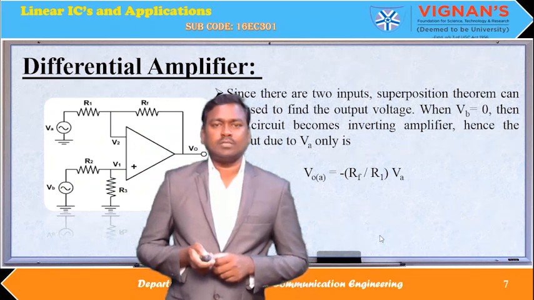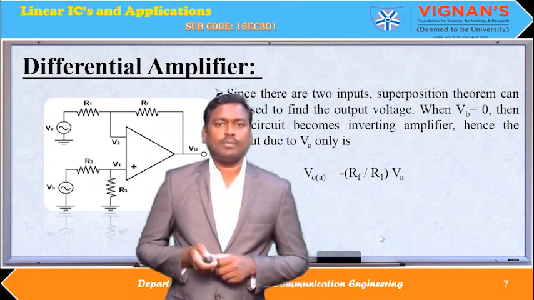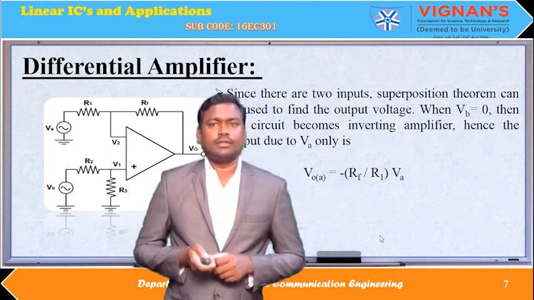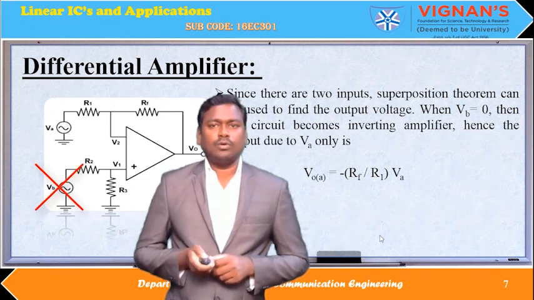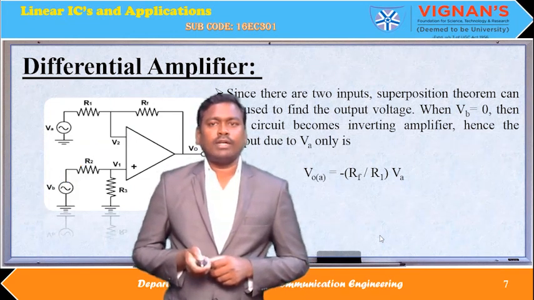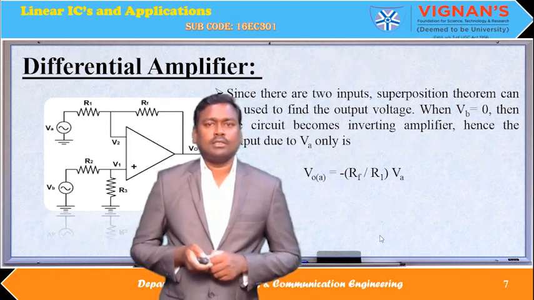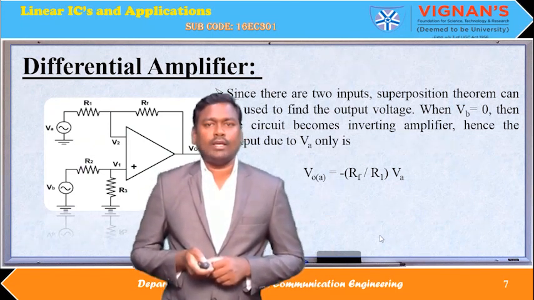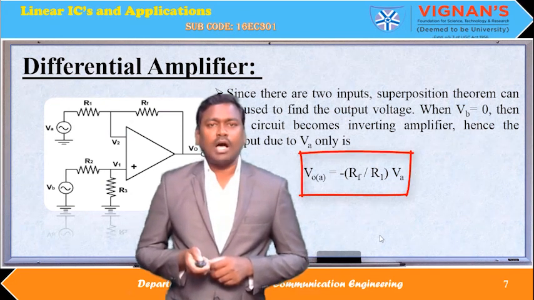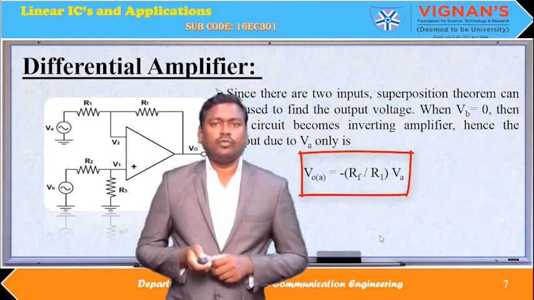Let's see the analysis part. There are two input signals. The superposition theorem can be used to find the output voltage. When VB equals 0, the circuit becomes an inverting amplifier. Hence, the output voltage due to VA only is minus RF by R1 into VA.